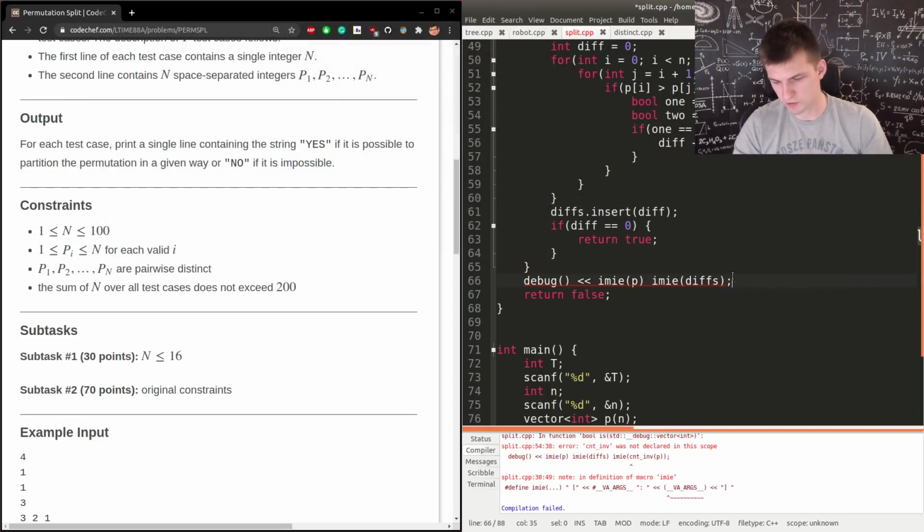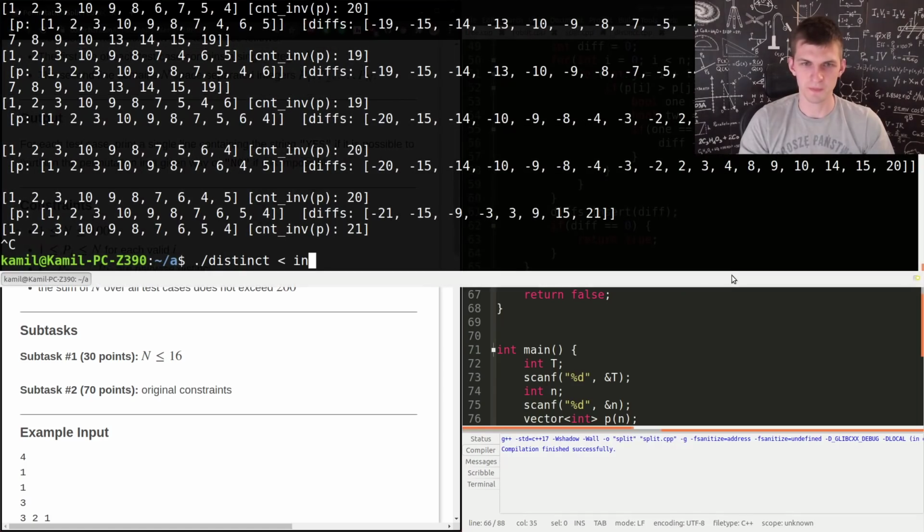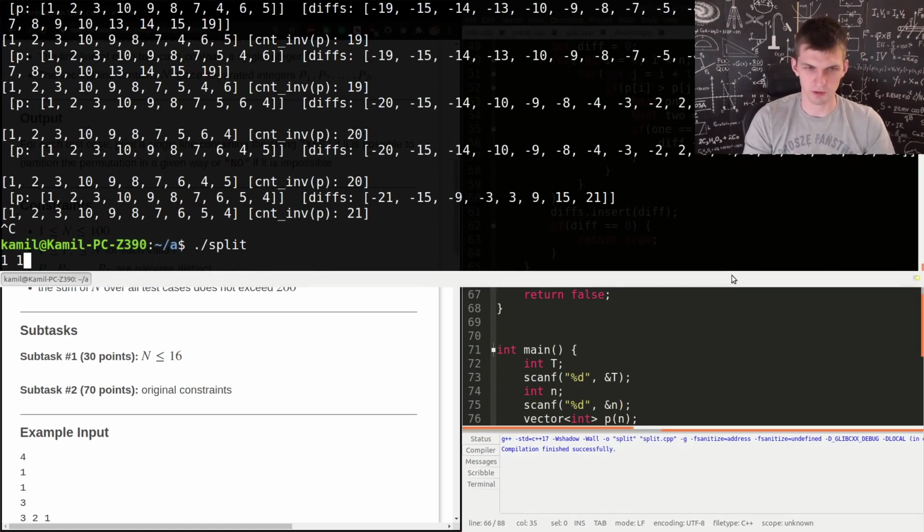I don't need count inversions because it's the last element of something I'm printing anyway.